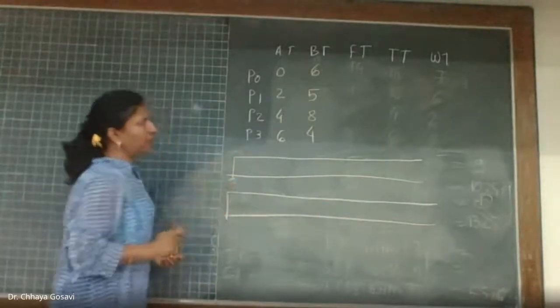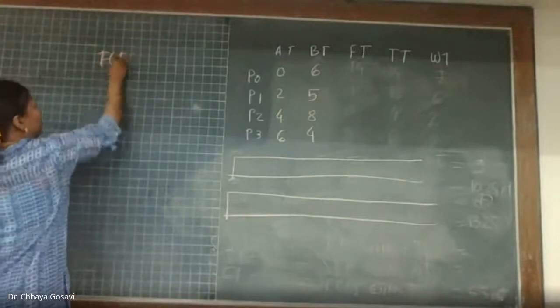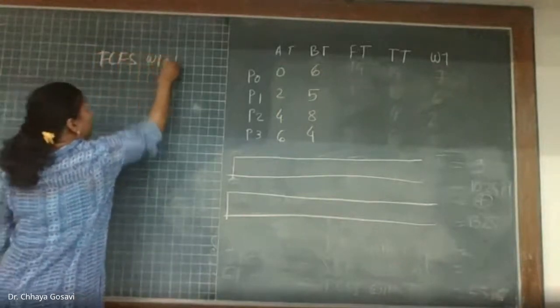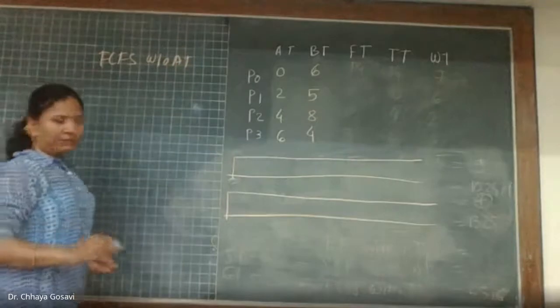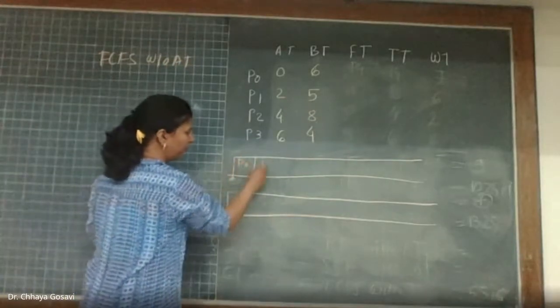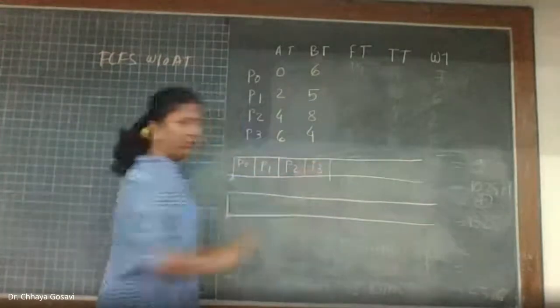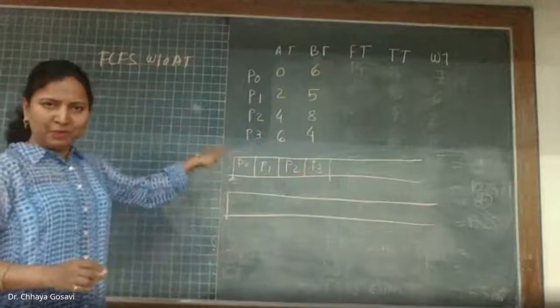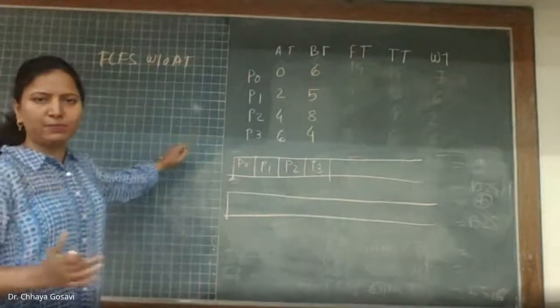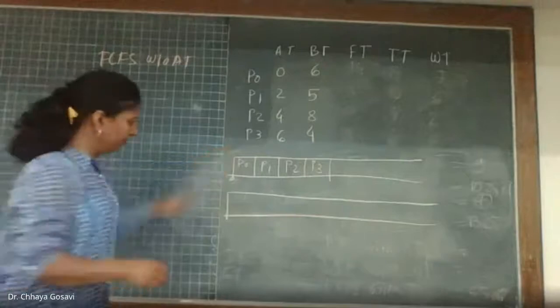So in FCFS without arrival time, you have to add these processes in the ready queue in the sequence they arrive. Even the ready queue doesn't matter for FCFS because they are scheduled as per their arrival time, but still keep a practice of writing the ready queue.